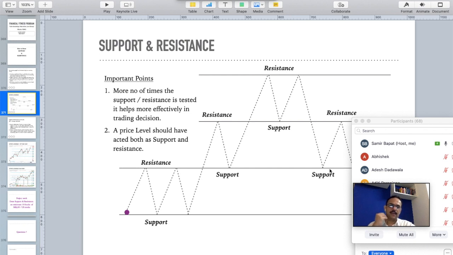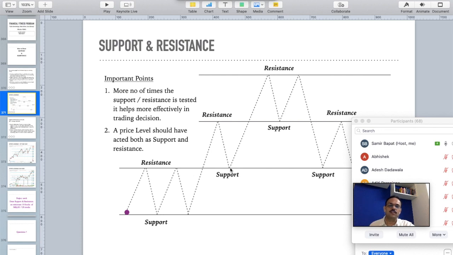In the same way, any price level which has been tested or acted as a resistance or a support multiple times has more strength in future. It has more likelihood that it will hold the price there. When the price is coming down, it has more likelihood that it will hold the price and act as a support. If it has acted only 1 or 2 times, it may or may not hold in future.